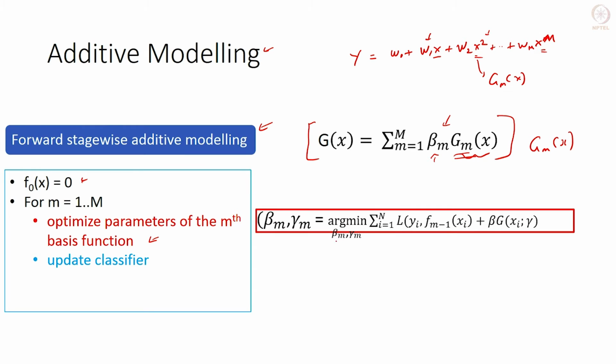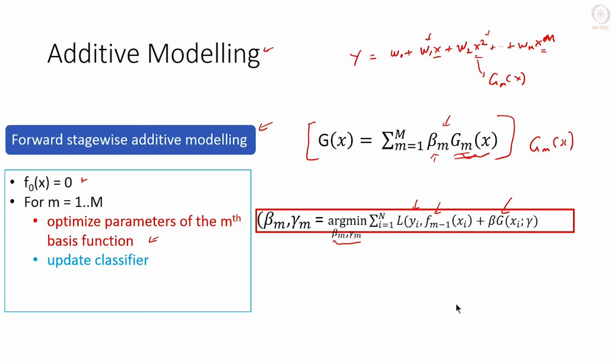So, argmin with respect to beta and gamma_m, where L is the loss function for one data point, summed over n data points. L takes as input your ground truth y_i, your classifier from the previous iteration, and this is the classifier that we want to estimate.